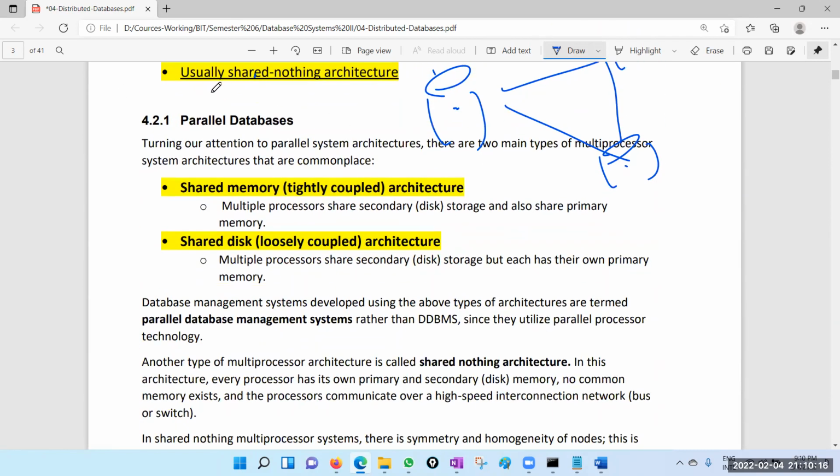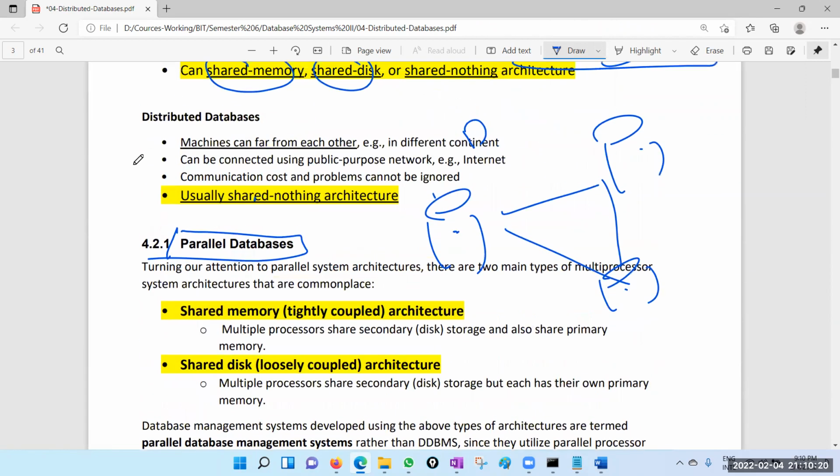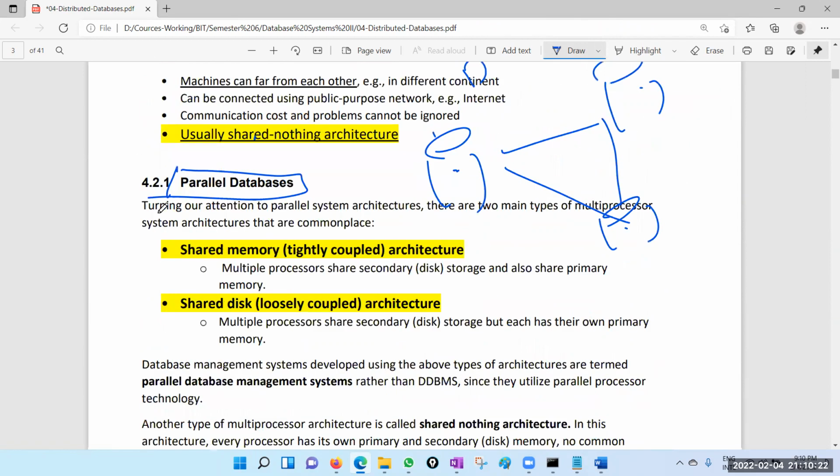So what is meant by parallel database? Your parallel database can be shared memory, and of course it has to be close together. You can share memory, meaning both machines have common memory. We call it tightly coupled architecture.